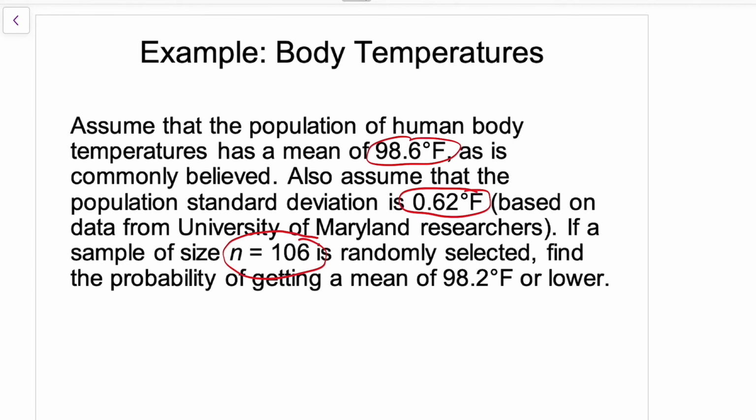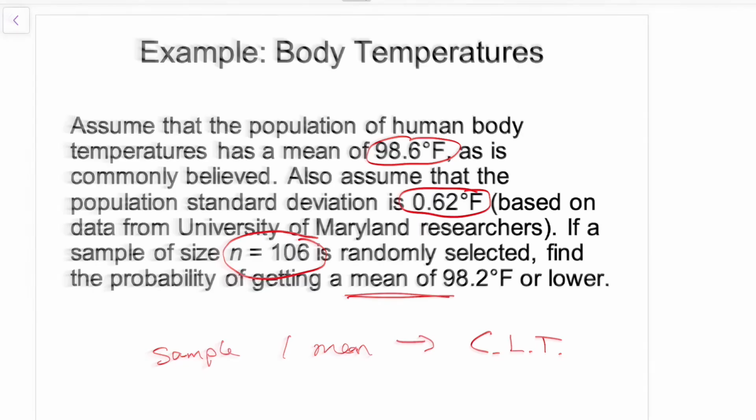And so if we do this, because we're talking about a sample and a mean, this points to using the central limit theorem. So let's solve this problem. Okay, we're taking a sample of 106 people.